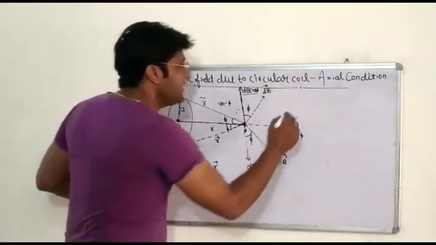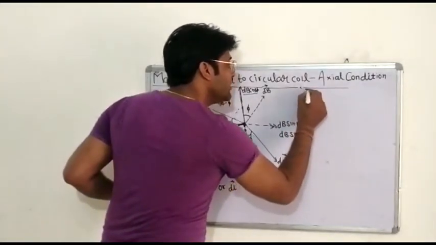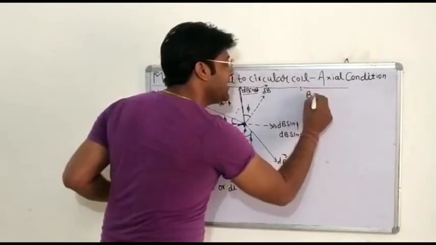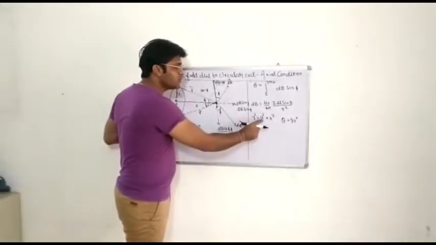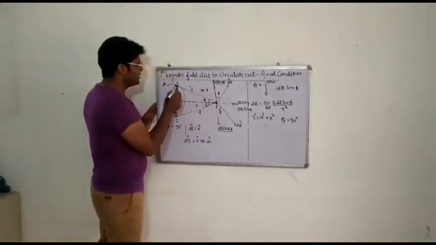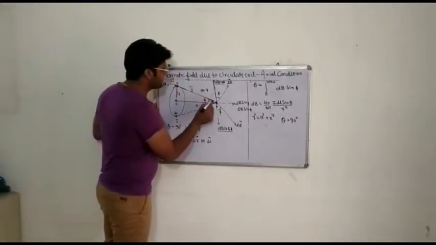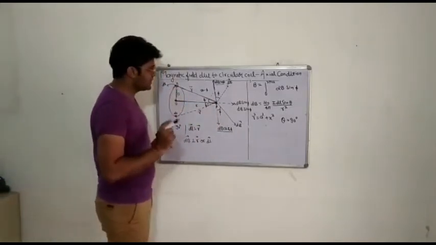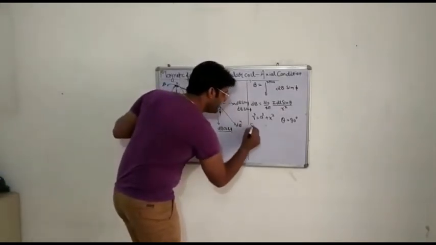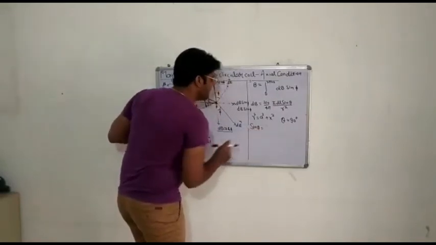So here we can say that total magnetic field will be equal to, r square equals a square plus x square. From this figure you can see here this is like the hypotenuse, this is the base and this is perpendicular. Clear? And we can find the value of sin theta as well here.